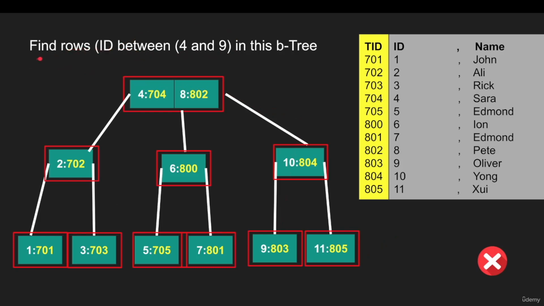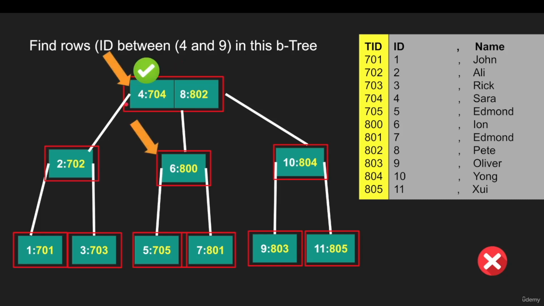Let's take an example of why BTrees can be bad for range queries. So I'm going to now find all the row IDs between 4 and 9 in this particular BTree. So I'm looking for 4 and 9. I want to pull all these rows, so I can look up Pete, Edmond, Ion, Edmond, Sarah. What I'm going to do is, okay, let's search number 4. Oh, we were lucky, we found number 4.